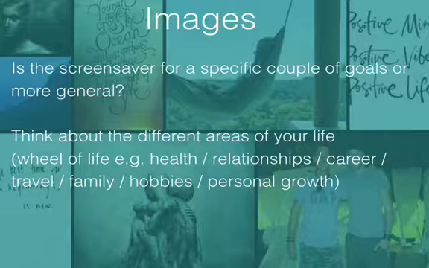Is it to do with travel and recreation? Are there images of your family or your friends? Is it to do with hobbies that you want to expand and develop? Is it for personal growth, faith, or spirituality? These are just a few of the areas, but just to get you thinking, think about some of the different areas of your life where you've got specific goals or things you're attracted to, and find images relating to those.